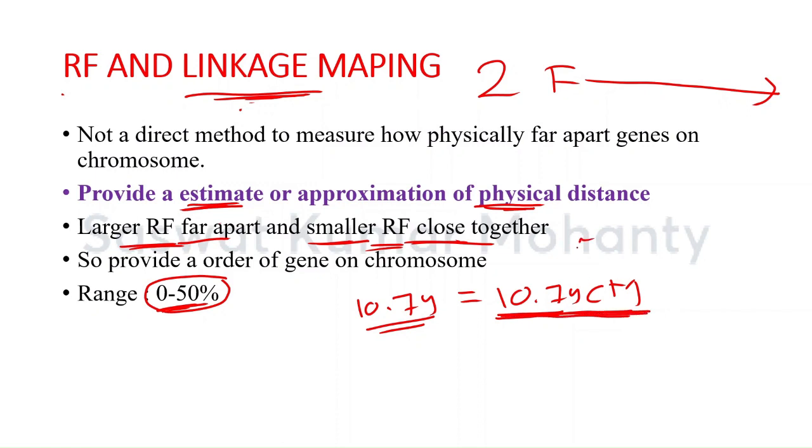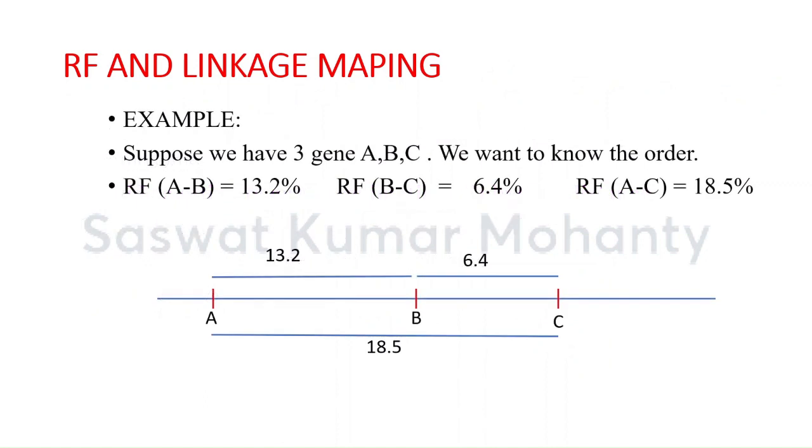So the eye color and wing type genes of Drosophila are 10.74 centimorgan apart. In the next class I am going to teach you how to find the exact linkage mapping gene order of two or more genes, which you get as questions in CSIR.